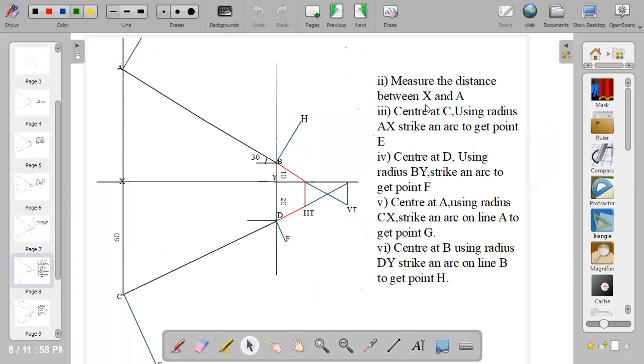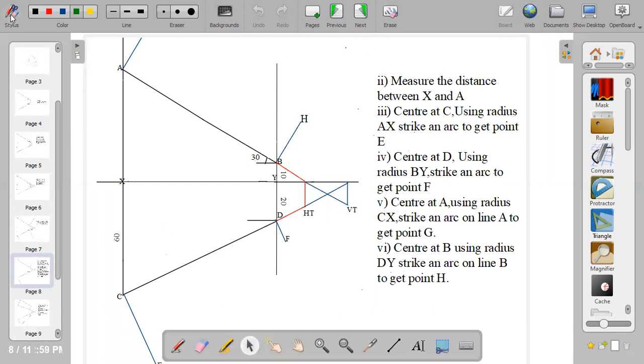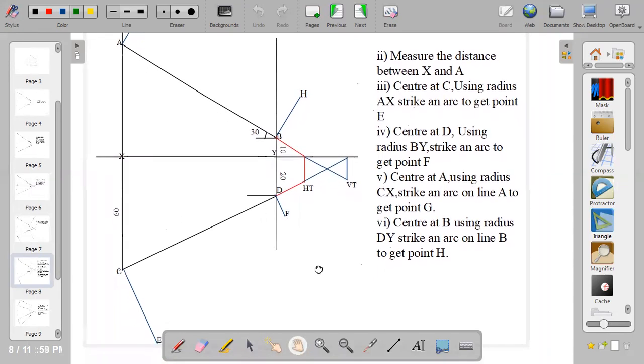Measure the distance between X and A. Center at C, strike an arc on line C to get point E. Let me show you the point.